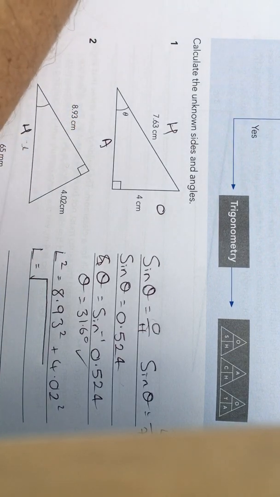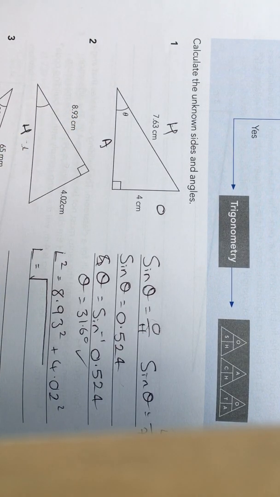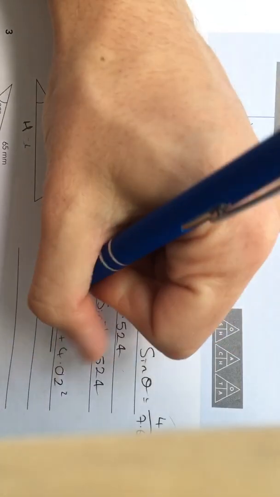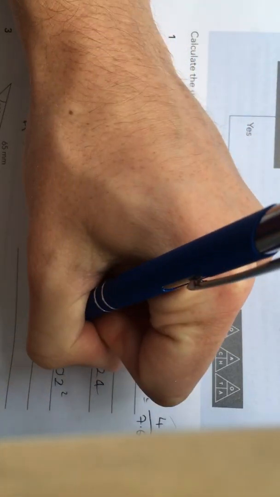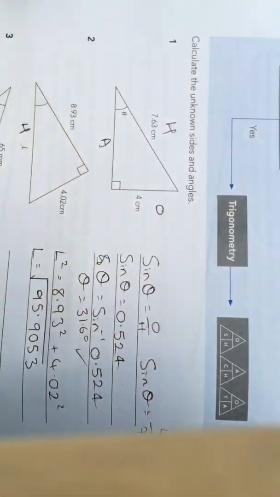So 8.93 squared plus 4.02 squared is 95.9053.